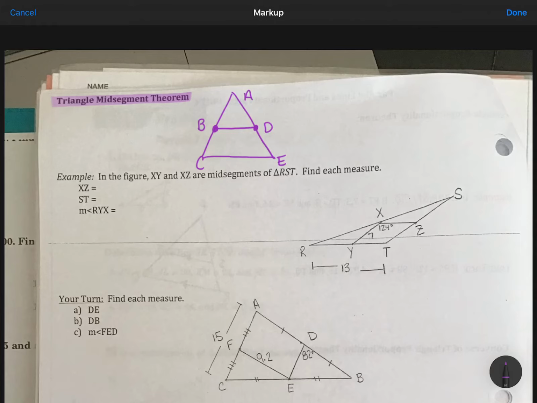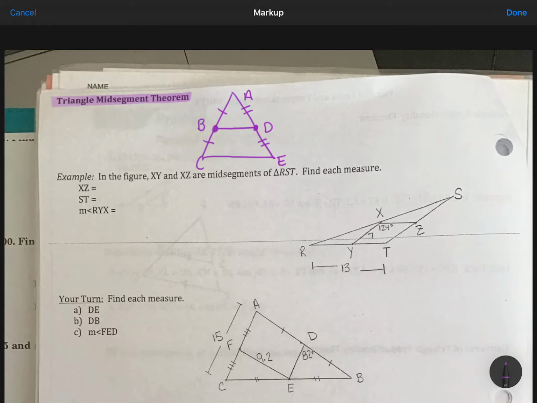So B is a midpoint of AC, and D is the midpoint of ED, and they have to be marked or given in the instructions. If they don't tell you it's a midsegment, or that the pieces are congruent, or something that indicates midpoints, then you don't have a midsegment.